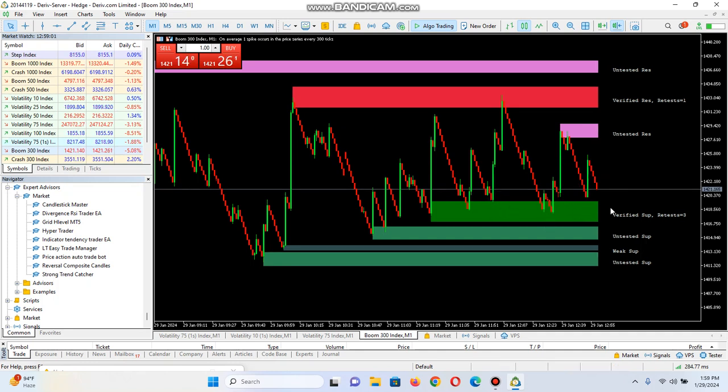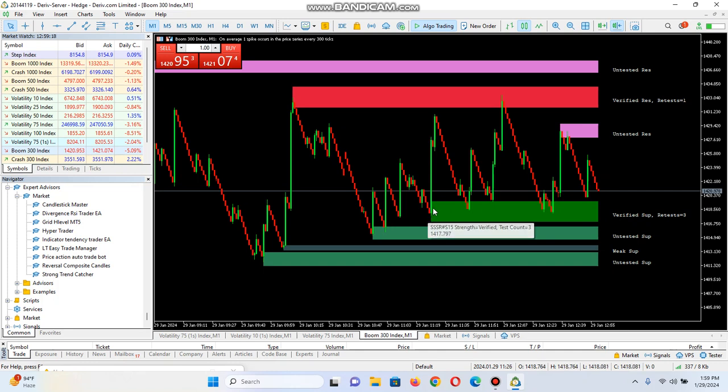So the responsibility of the buyers is to push the price up when the price gets into any verified or support zone. This one happened to be a verified support. Why verified? Because the market has touched it 1, 2, 3, 4, coming to the 5th. So it's a very strong zone.